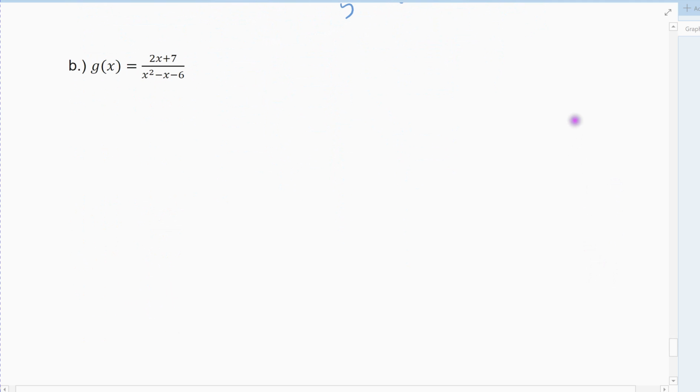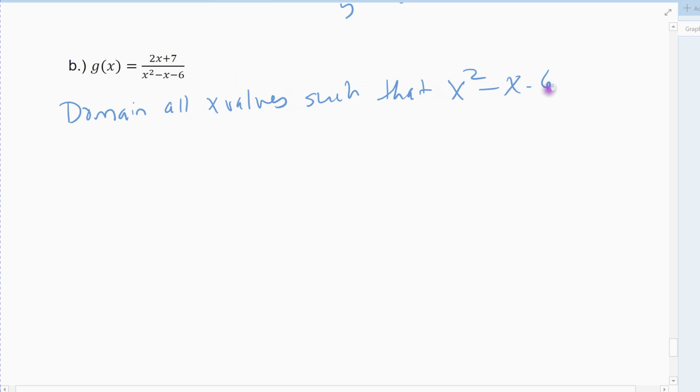All right, the second example is a rational function. Rational function means it's a polynomial divided by a polynomial, so I've got division. And so when I find my domain, which again is something that you practiced in the reviews, it's all x values such that the denominator doesn't equal 0. The x squared minus x minus 6 cannot be 0, so that's what I have to figure out.